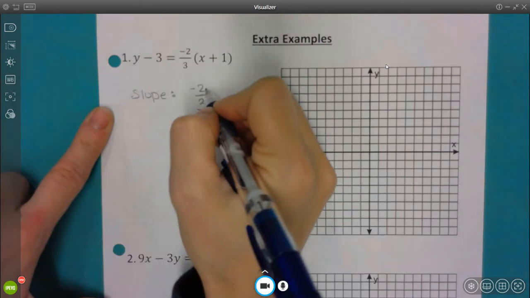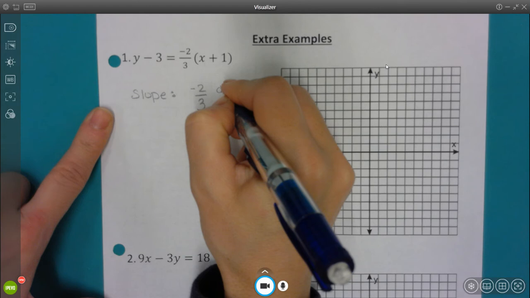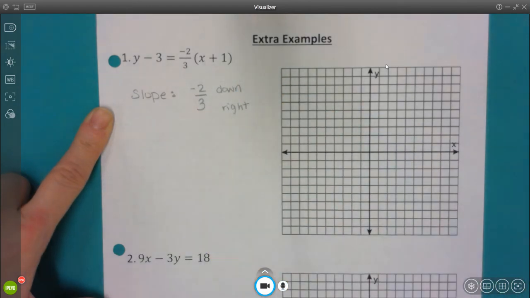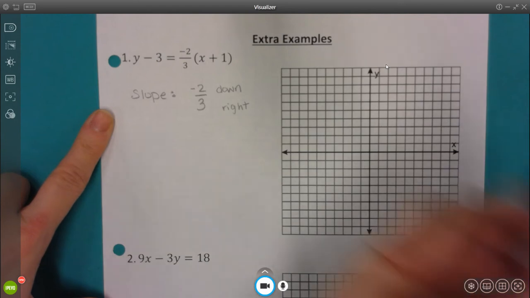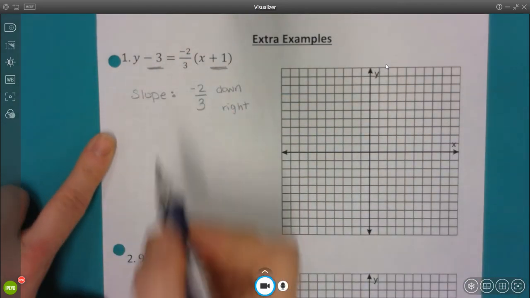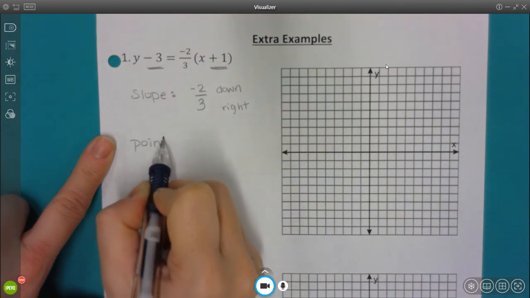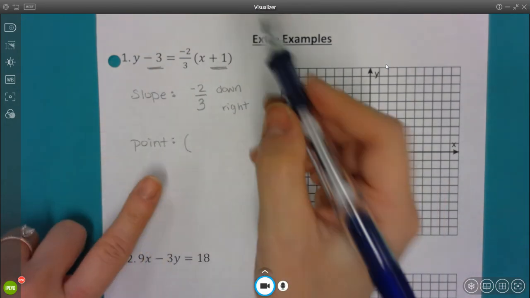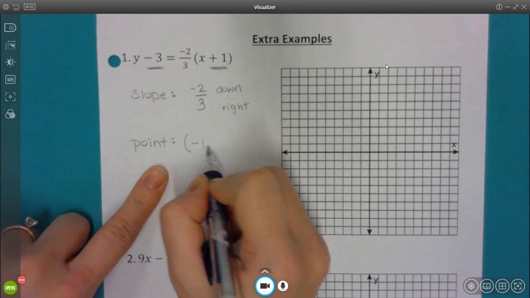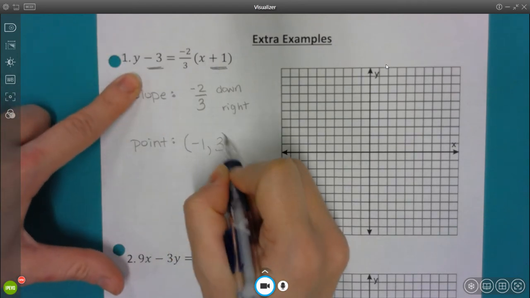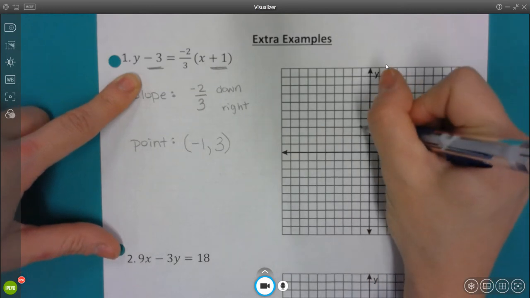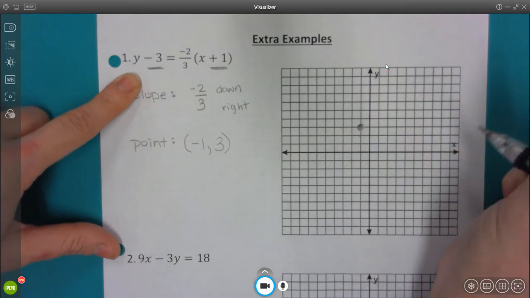So this means I'm going down first and then right, or up and to the left. And then I'm going to use these coordinates here, those values in my equation, to find my starting point. So remember, if it's point slope form, it's always the opposite. So this is going to be -1 and +3. So I'm going to go to -1 up 3 to my first point.